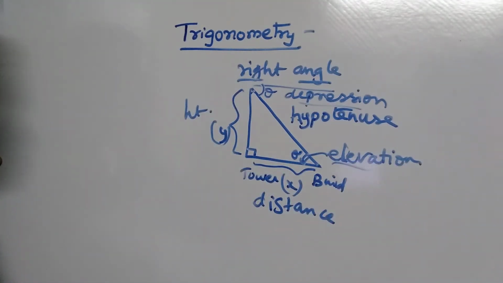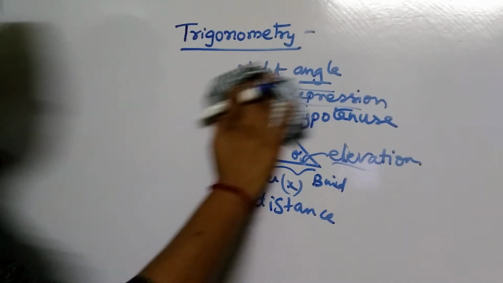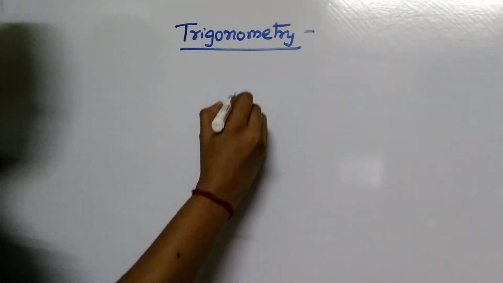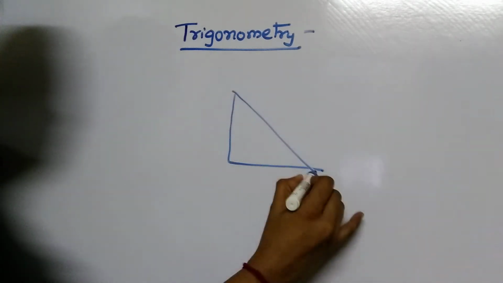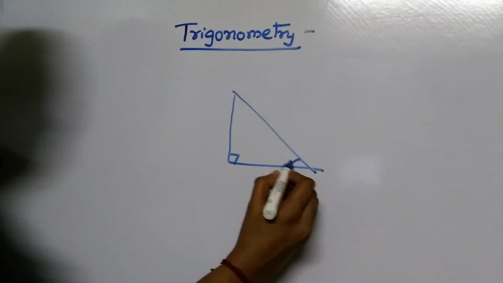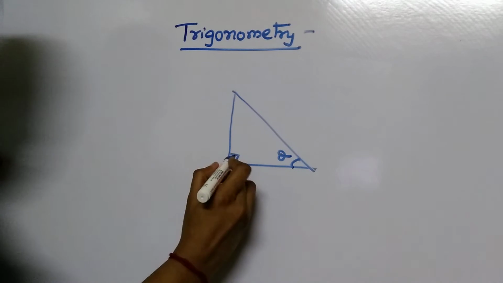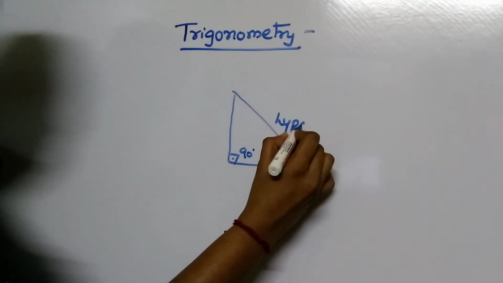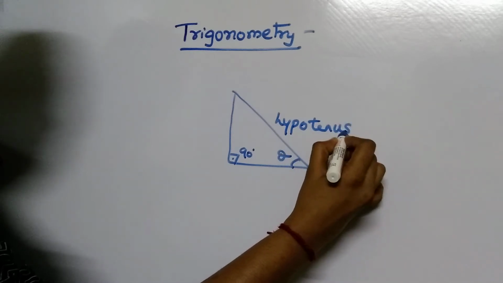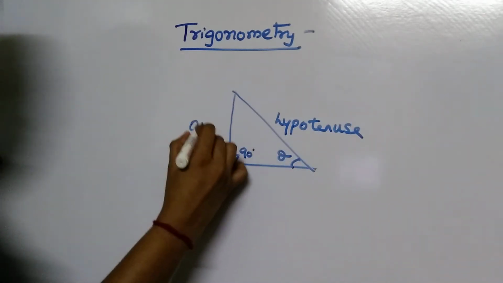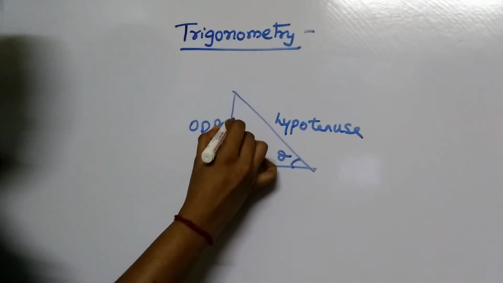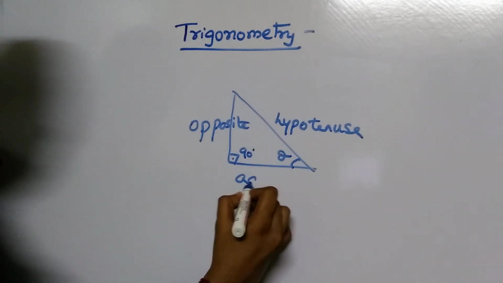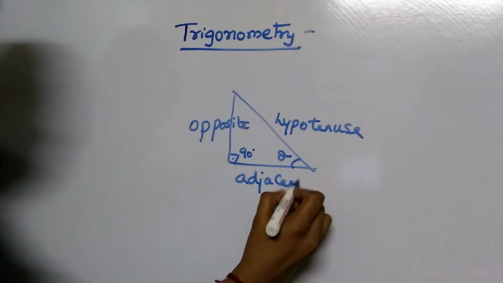So you are going to deal with the 90-degree triangle. Now what are the sides you have in that 90-degree triangle? Suppose you have the 90-degree angle, and the angle theta is here. The side opposite to this 90-degree angle is your hypotenuse side. Just opposite to this theta is your opposite side. And the leftover side, the base side, is called the adjacent side.